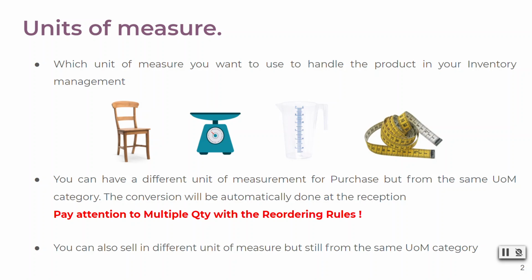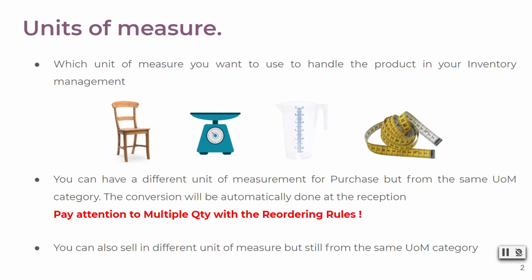You just need to pay attention, and I will show you just after that in Odoo, that the multiple quantity you set on the reordering rules is aligned with the purchase unit of measure you set on your product.